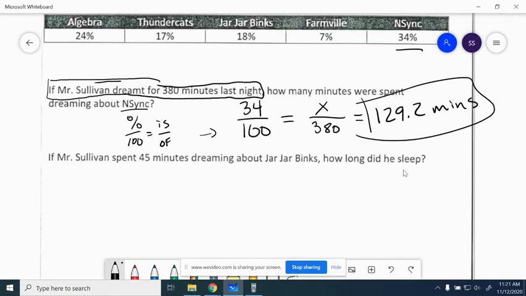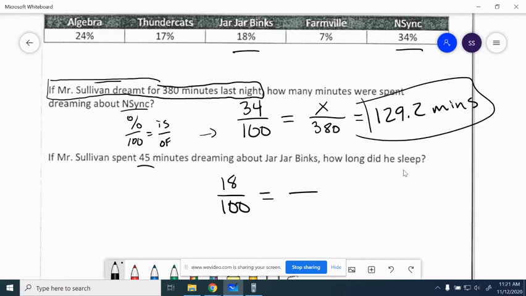All right, last one. If Mr. Sullivan spent 75 minutes dreaming about Jar Jar Binks, how long did he sleep? Okay, so again, we're going to set up fraction over 100 is equal to another fraction. Jar Jar Binks. Again, we're given the percent, so we know that the 18 has to go on the top left. So now we just have to determine, does this 45 go on the top or does it go on the bottom?